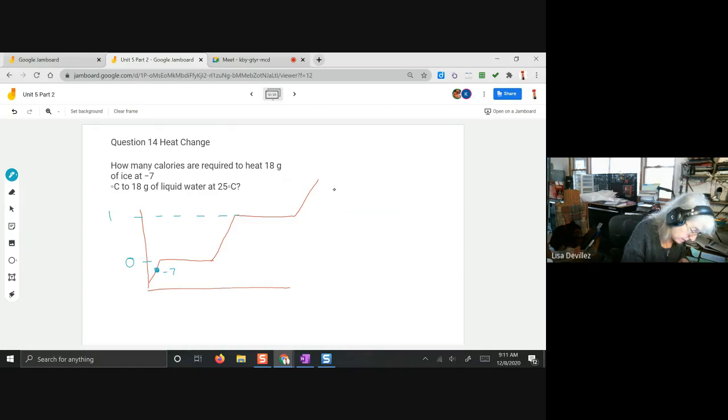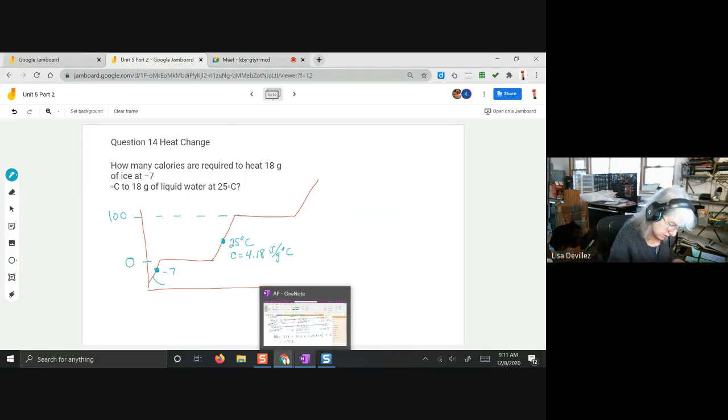We don't really need that, but that's at 100. And to water at 25 degrees Celsius. And so for here, our specific heat is 4.18 joules per gram degrees Celsius.